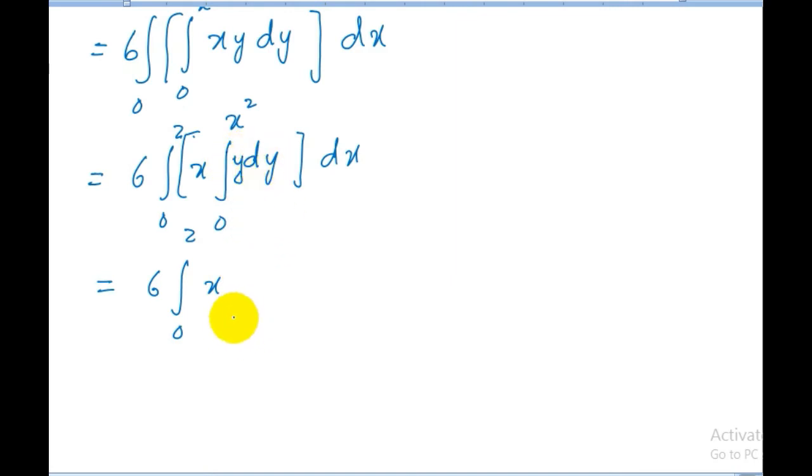Integration of y dy is equal to y square upon 2, and its variation is from 0 to x square, dx.